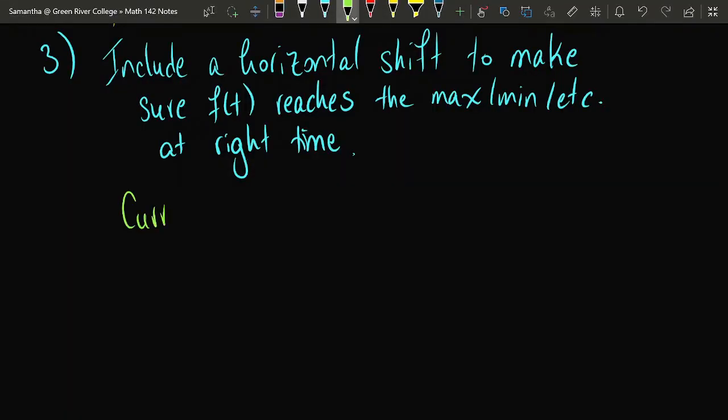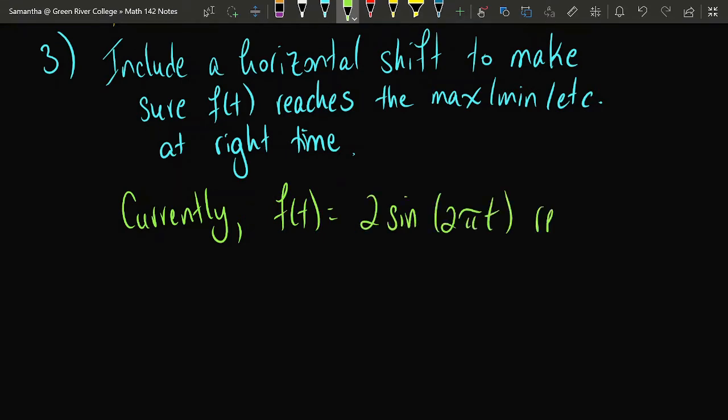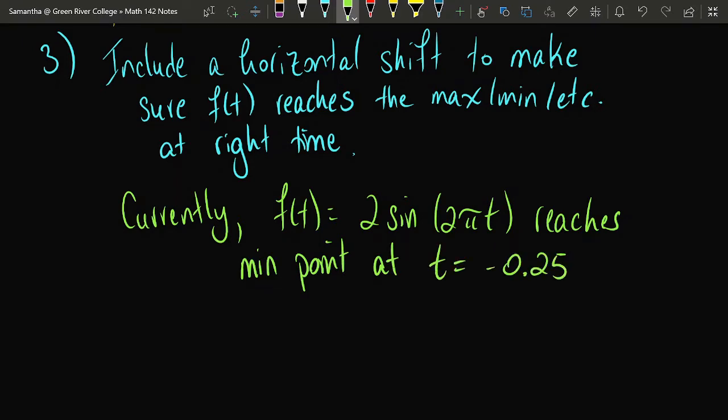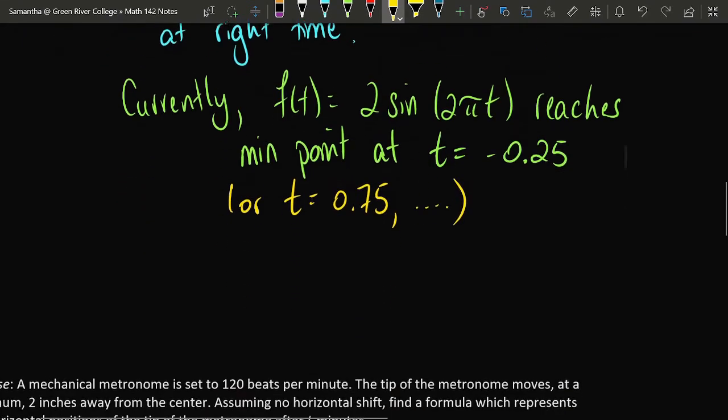So currently, our function f of t equals 2 sine 2 pi t reaches a min point at t equals -1/4. We also saw that a min point was reached at +3/4, and there were several other times that the function achieved its lowest point as well.